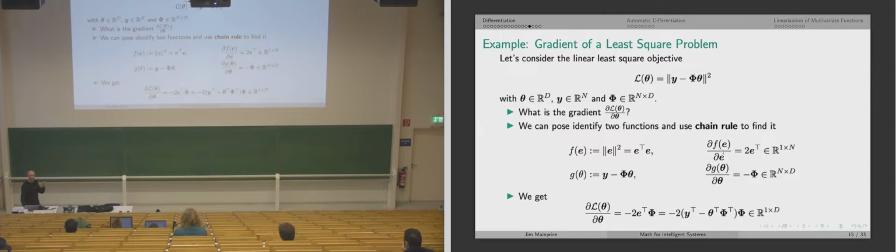If I set the gradient to 0, I'm going to be left with an equation, so there's going to be 0 on this side, and that actually has a name. I think these are called the normal equations. And then the solution to the normal equations is the pseudo-inverse of the matrix.